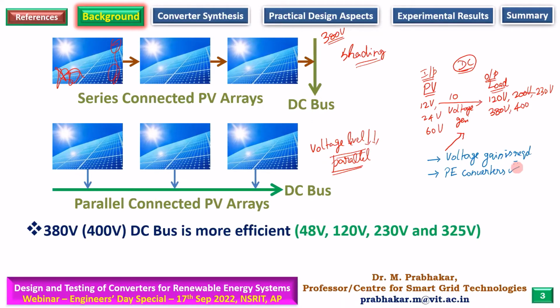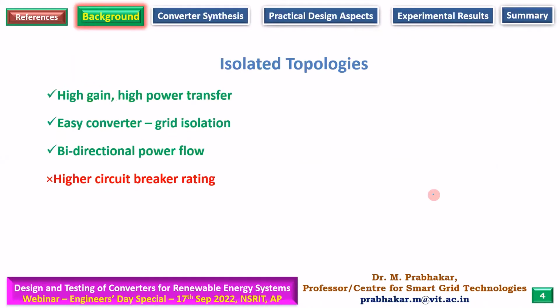Now, in power electronic converters, I understand that all of you are final year or third year students, which means you should have come across a course on power electronics. Therefore, you will know that there are converters, also named topologies, which use transformers for isolation. You might have come across electrical machines where transformers are used.